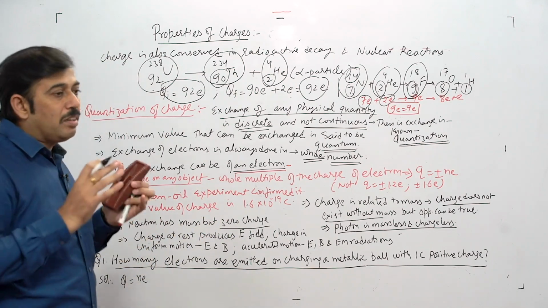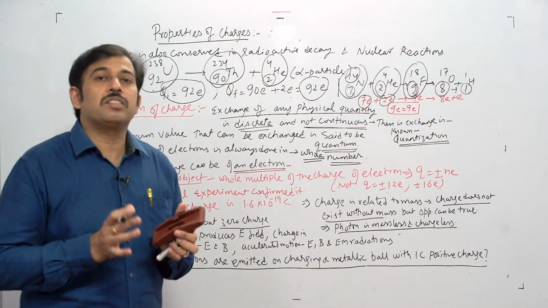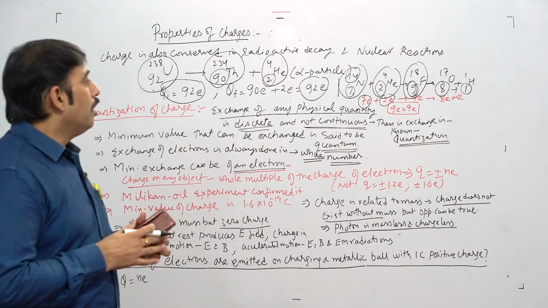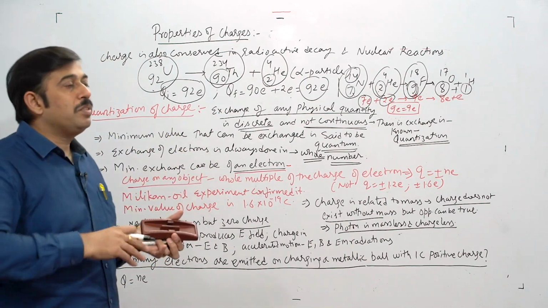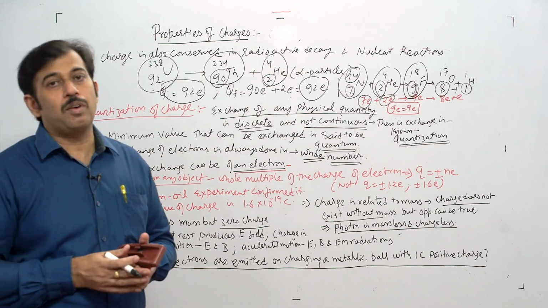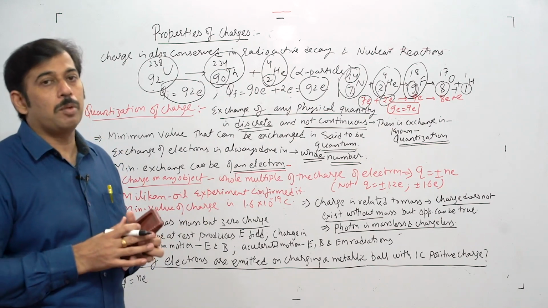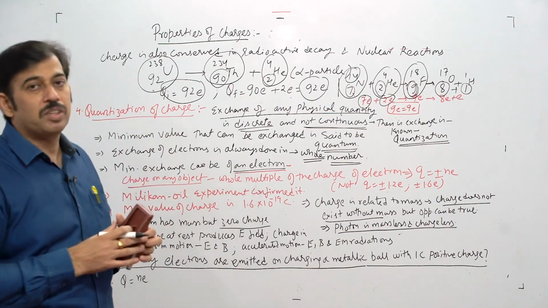That means it is very clear that the conservation of charge applies everywhere, starting from any point. Now we have discussed conservation of charge in detail, and I think you are clear about what conservation of charge means.